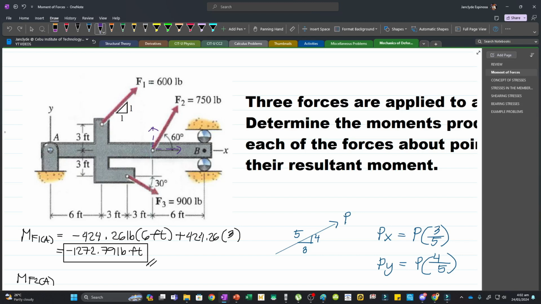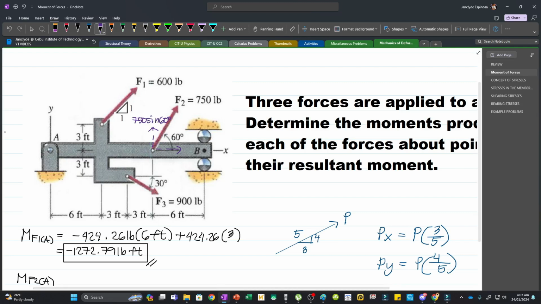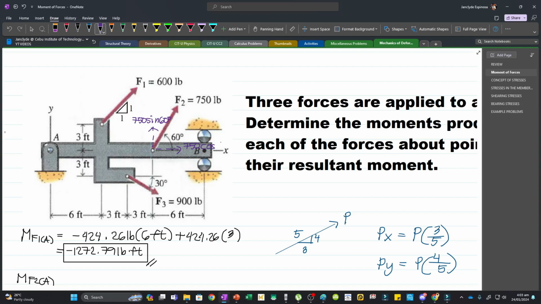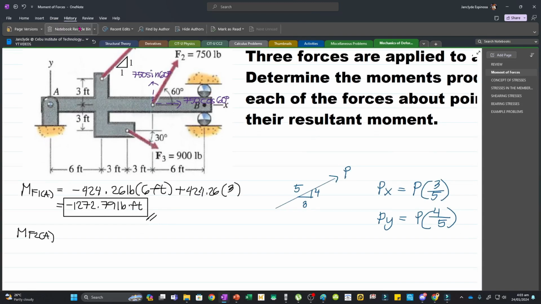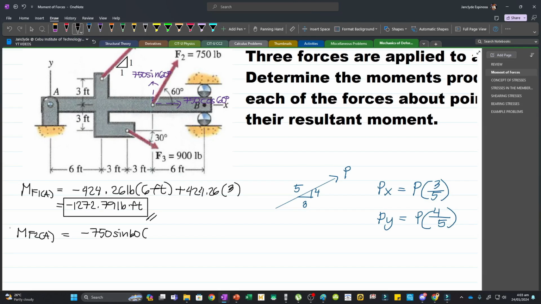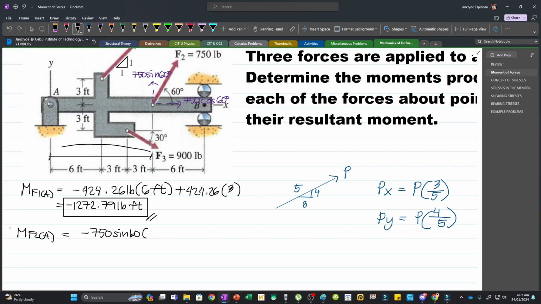And so this will be 750, and then since this is vertical, we will use sine and then 60 degrees. And then for the horizontal component, we have 750 cosine 60. So let's just type this one. Our MF2A will be negative 750 sine 60 multiplied by the perpendicular distance, which is 6 plus 3 plus 3 because it's this distance.